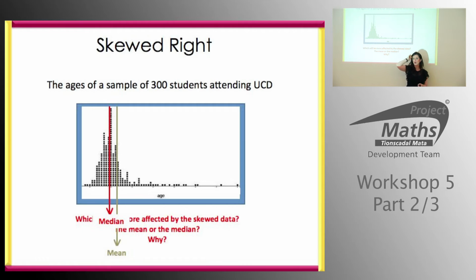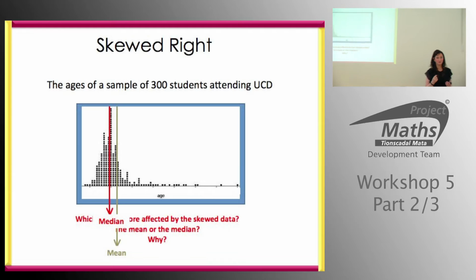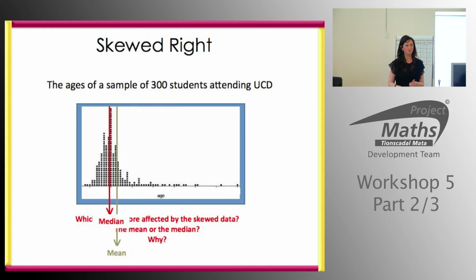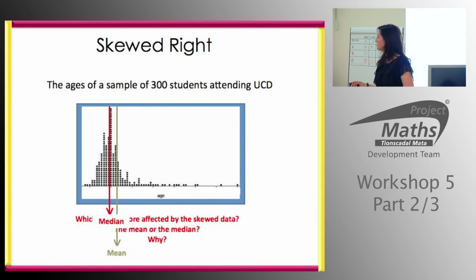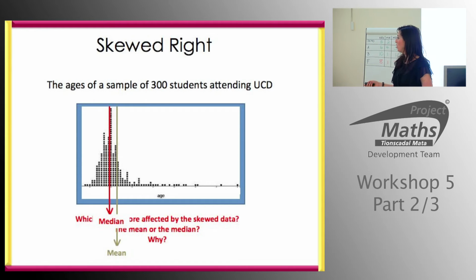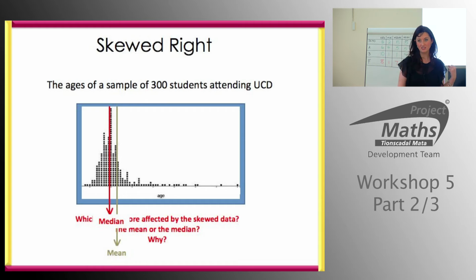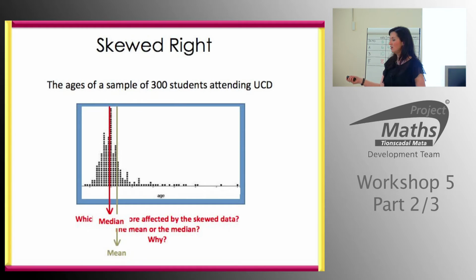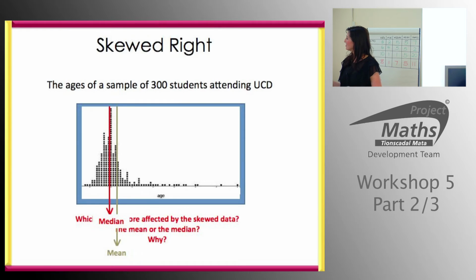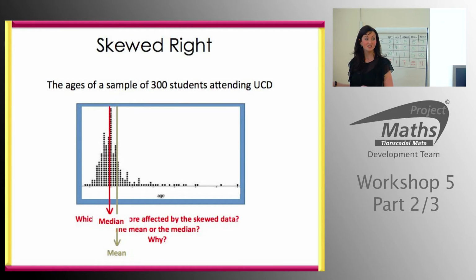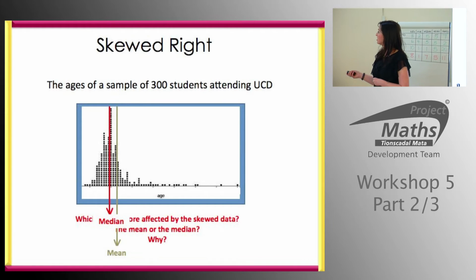Yeah, it's going to get smaller. So actually what's affected more is the mean. What's affected more is the mean. And what happens is the mean gets pulled to the right of the median. So this tail pulls the mean to the right of the median. Okay. So that's a nice example, isn't it? So pull to the right.